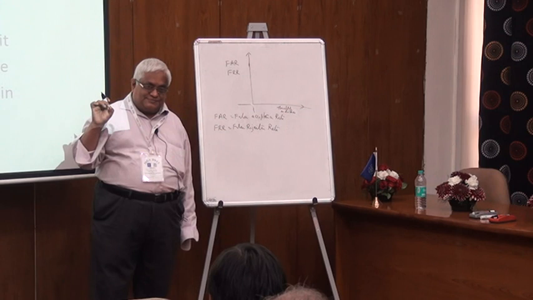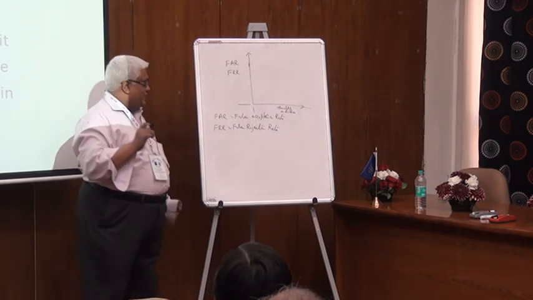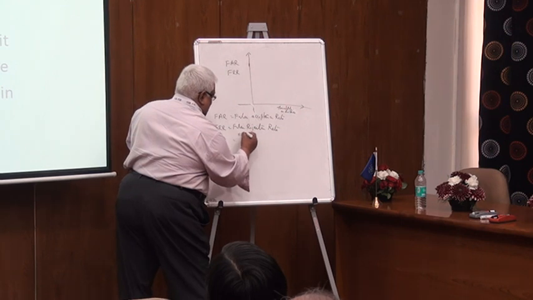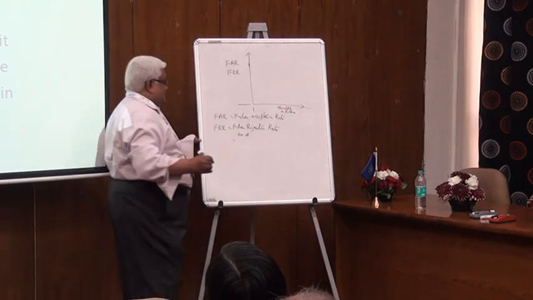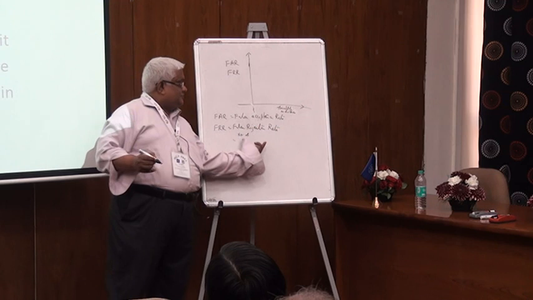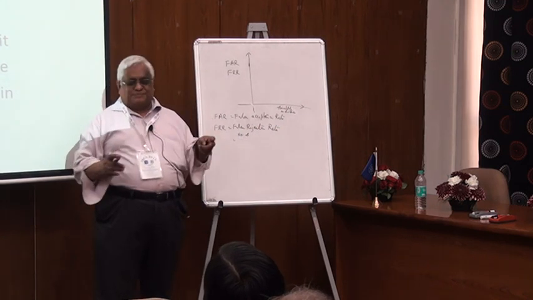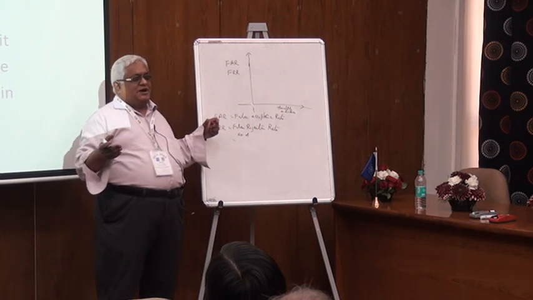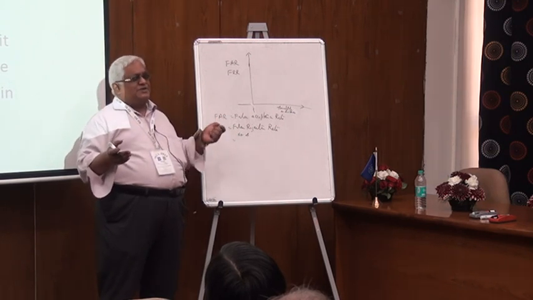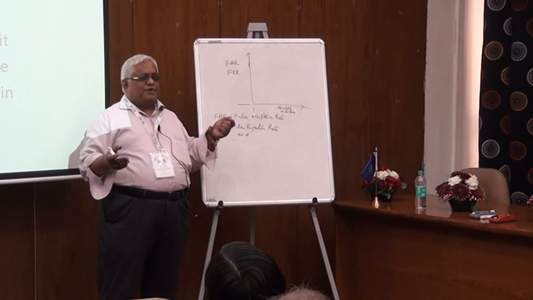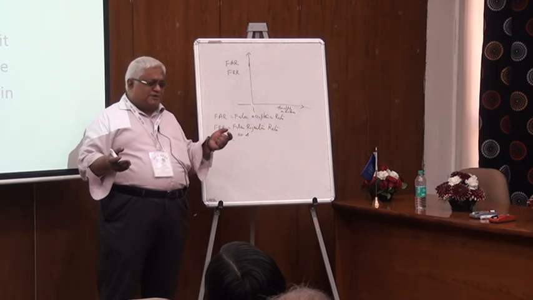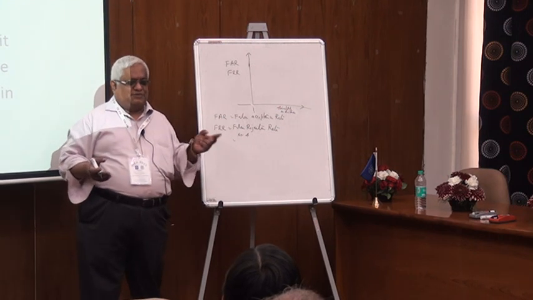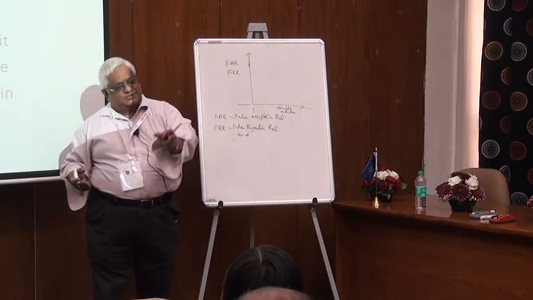Am I correct? False rejection rate, the definition is: out of the total number of observations that you have, how many times, for a person that is within the system, you decide that the person is outside the system.